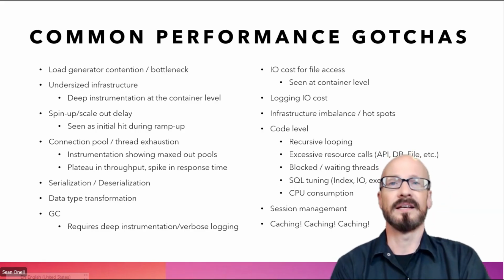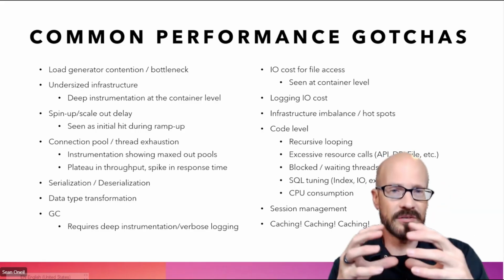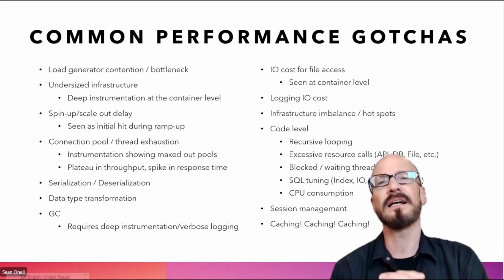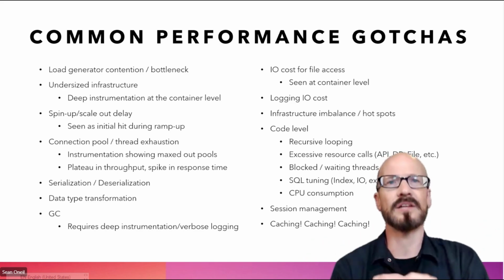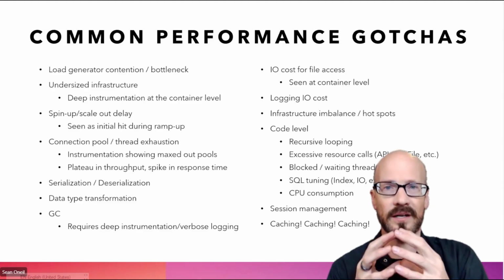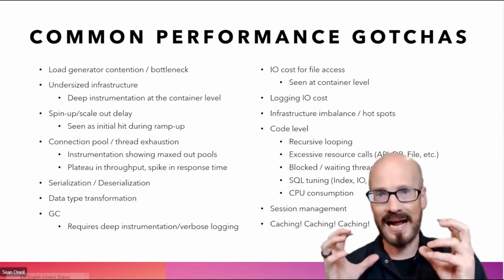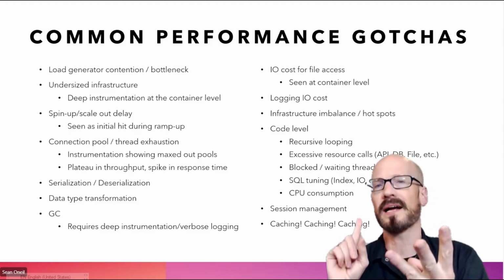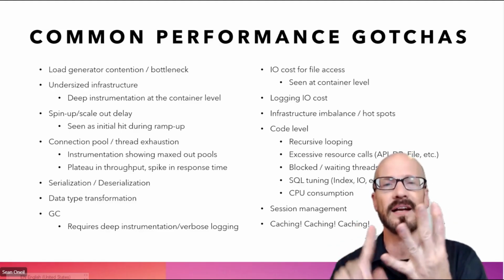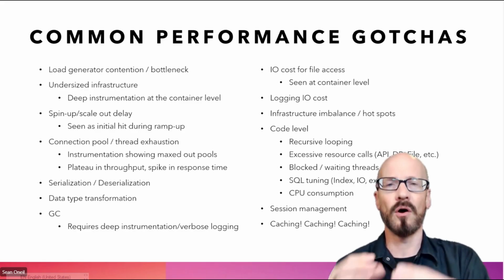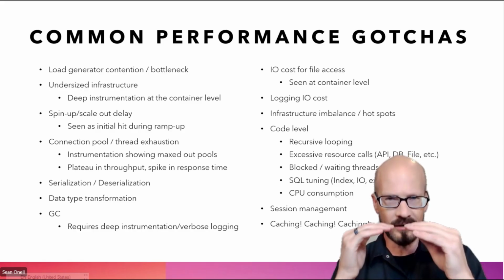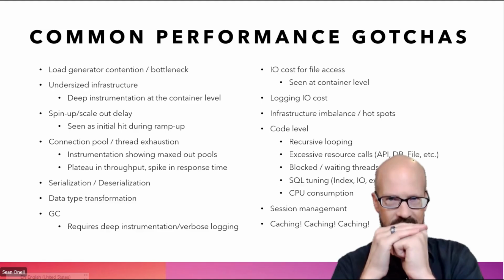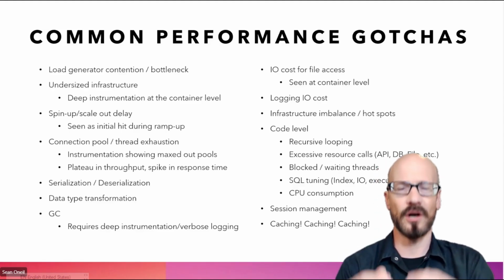But ultimately, if you haven't laid out enough capacity, you're going to see a hotspot. You're going to see your container at some level, maxed out at memory, maxed out at CPU, maxed out at threads, maxed out at IO. And so, based on the ceiling you've hit, start increasing that.